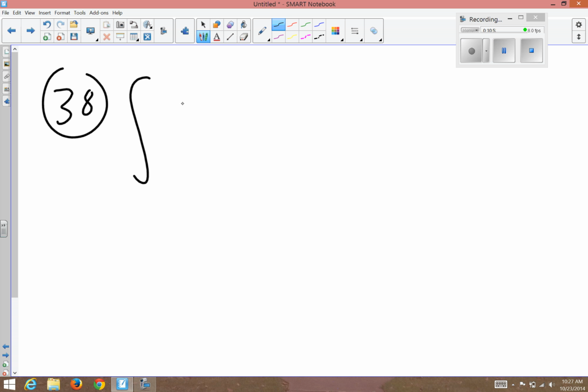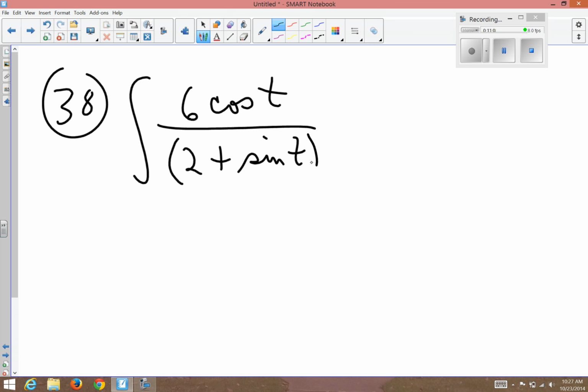The integral of 6 cosine t over parentheses 2 plus the sine of t squared dt. So I'll rewrite this with the 6 that's multiplied to the left of the integral sign.